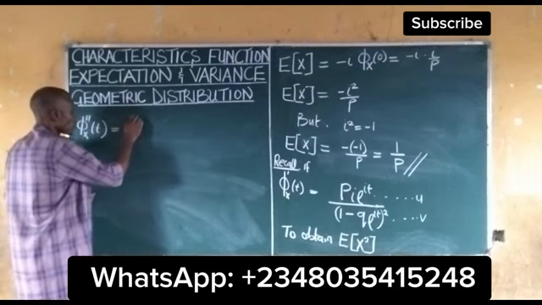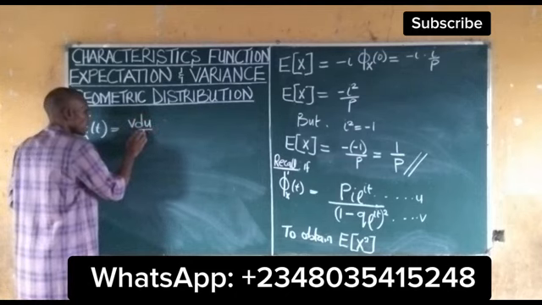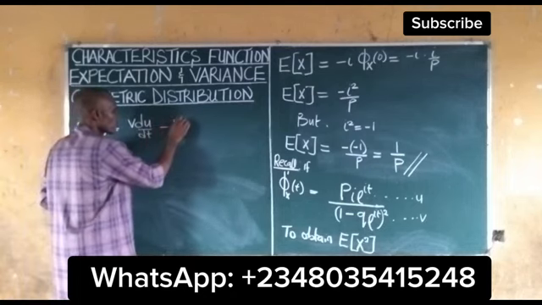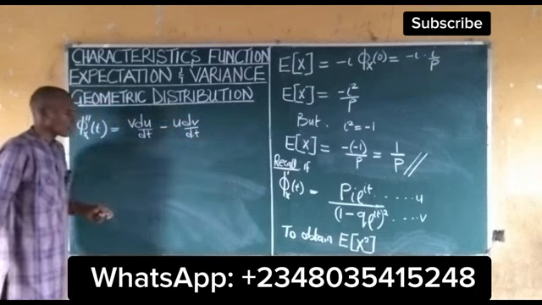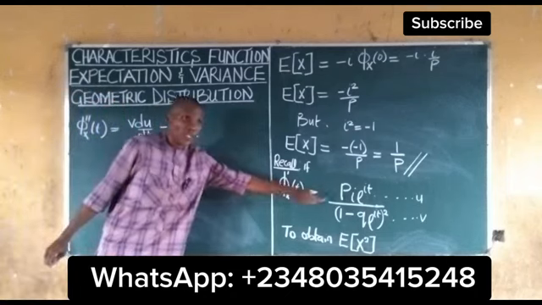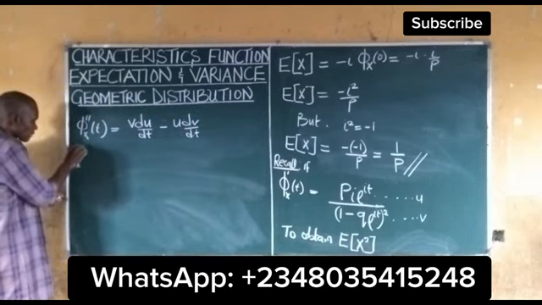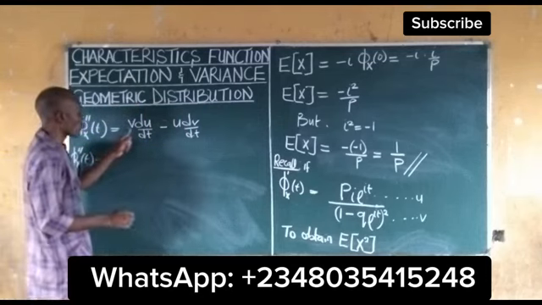The quotient rule of differentiation will say that it is v, the u all over the t, since we are differentiating with respect to t, minus u, the v all over the t. So we are differentiating this function now. It then means that our characteristic function for the second derivative is equal to v.